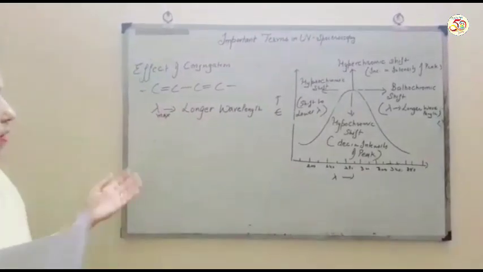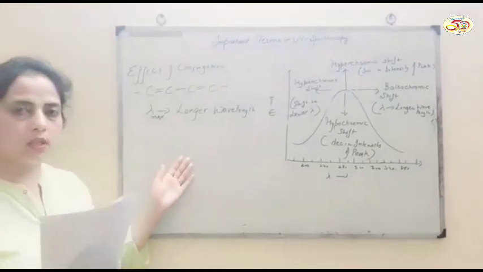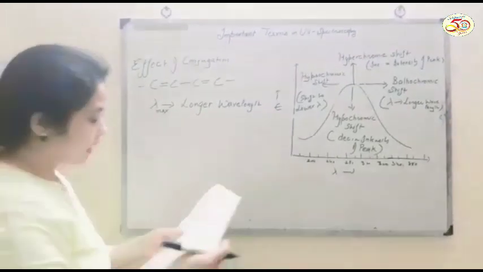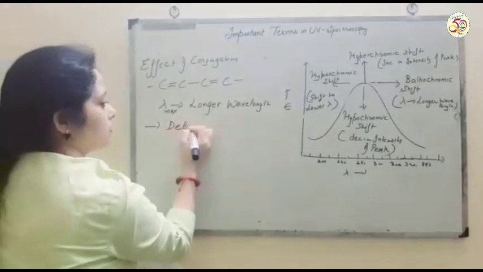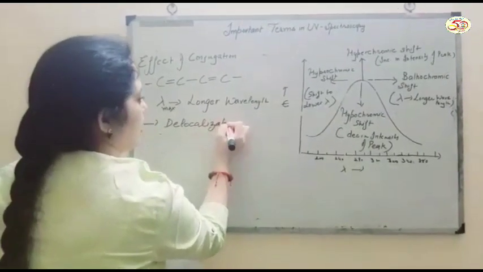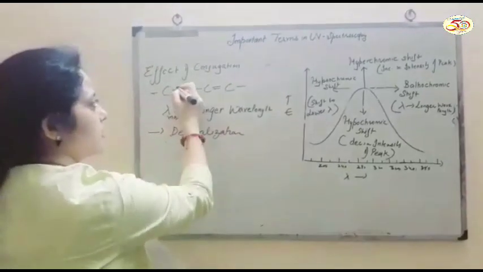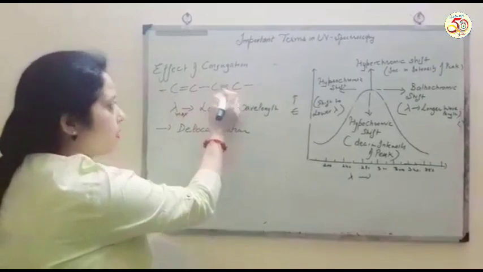What is the reason why conjugation shifts lambda to the longer wavelength region? The reason is that conjugation causes delocalization of the electrons. Delocalization means this electron is now in resonance with this double bond.